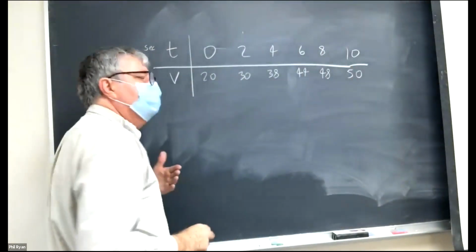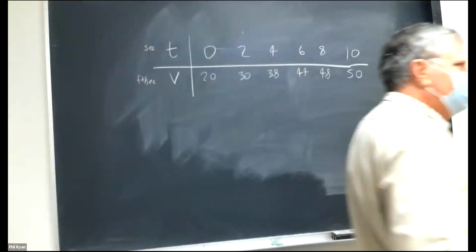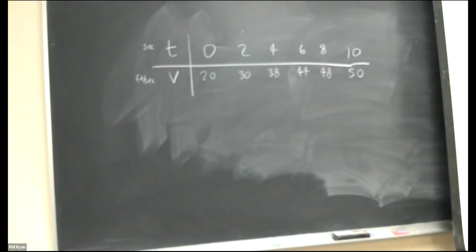So we've got an object and we know how fast it's going. What kind of question can we answer? Now, we can't answer the question, where is it? Because we don't know where it started from.